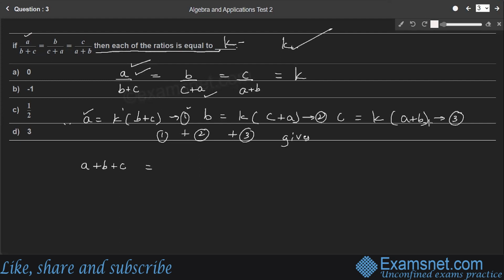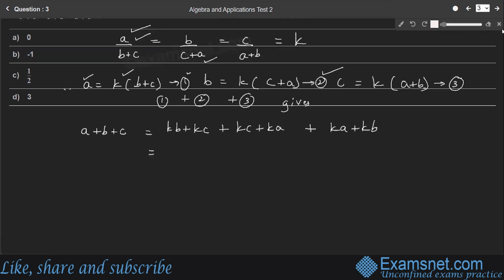Is equal to, the right hand side becomes K into (B + C), that is KB + KC, plus the second equation, KC + KA, plus KA + KB, right? So add all the RHS part, right?